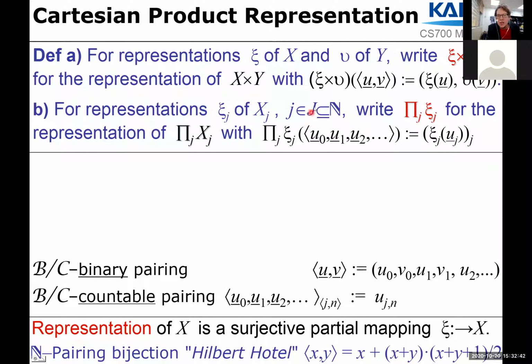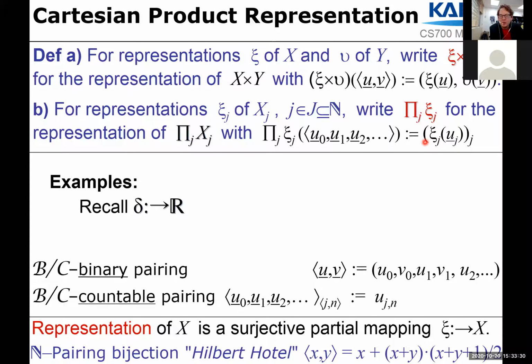So let's say here J is a finite or infinite set of natural numbers as indices, and for each small j in capital J we have a space X_j, already equipped with the representation xi_j. Then the finite or countable product of these spaces, with j ranging over capital J, is naturally equipped with an induced representation defined in just this way using the countable pairing function. Okay, that's easy.